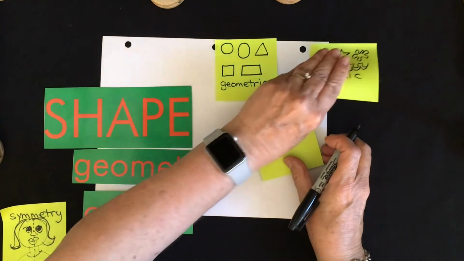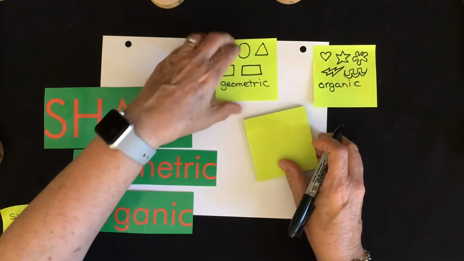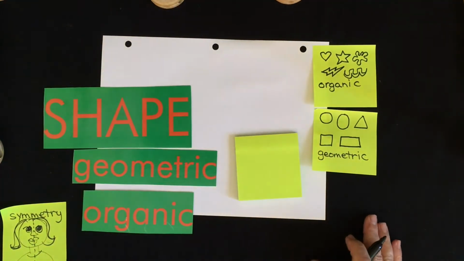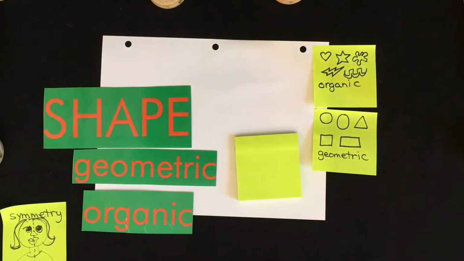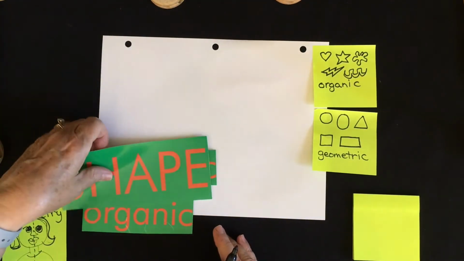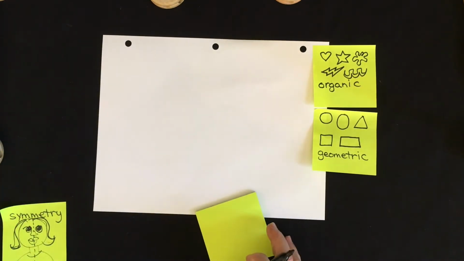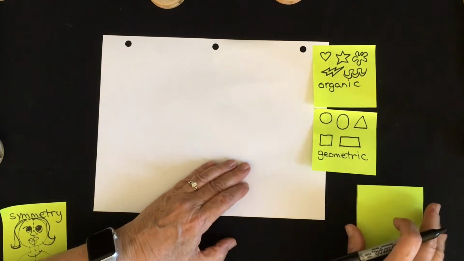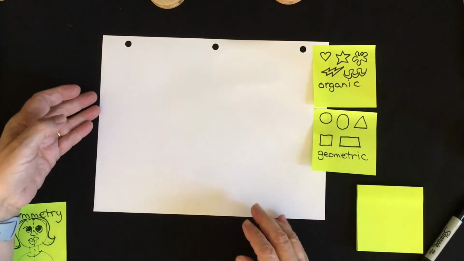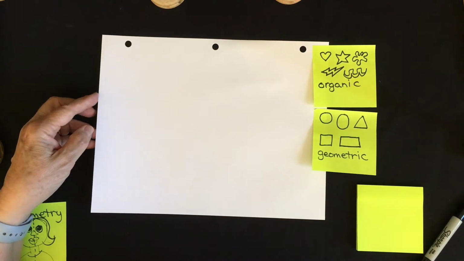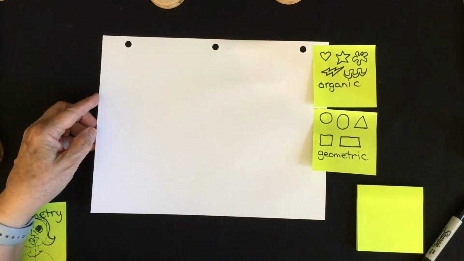I'm going to set this off to the side because we might need to look at those shapes again in a minute. I'm going to peek at the camera real quick, and oh yeah, they're all there. All right, I'm going to pull these out of the way. Here's what we're going to do. We're going to make this butterfly so it has symmetry. Watch what I'm going to do. You're going to get a paper and a pencil, and when you get your paper, you're going to fold it in half.